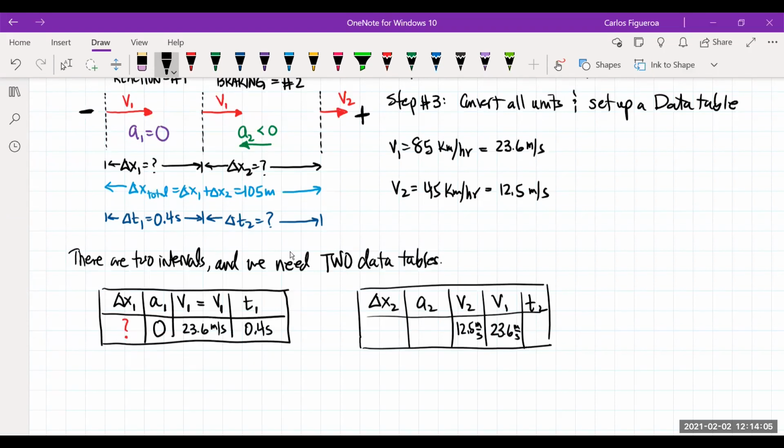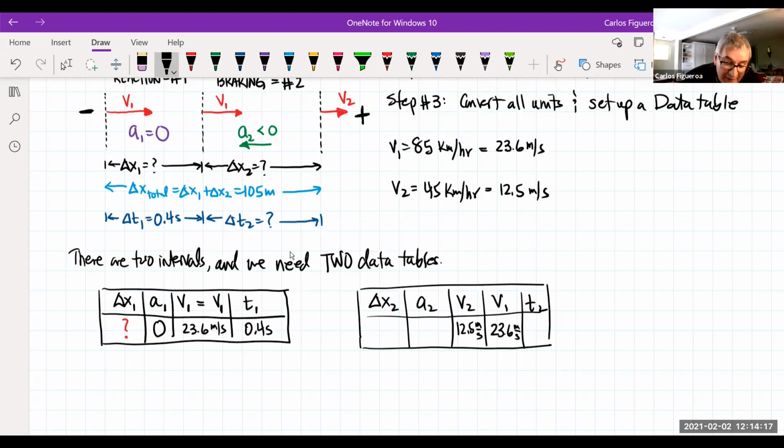Carlos, yes. Since we know that we're going to get delta x1, would we just say that it's the 105 minus delta x1? That's exactly right. We can get this distance here. So you have to go back and look at your problem. From interval 1, we can get this right here.